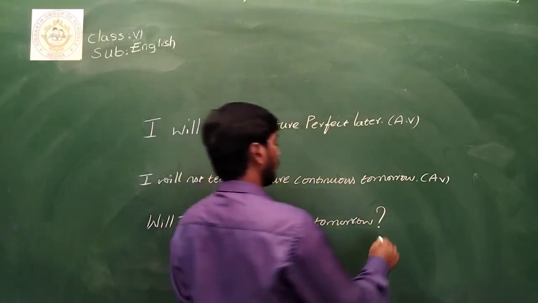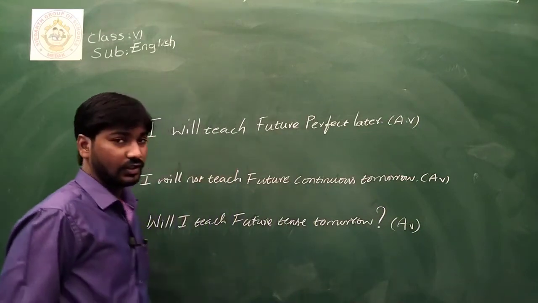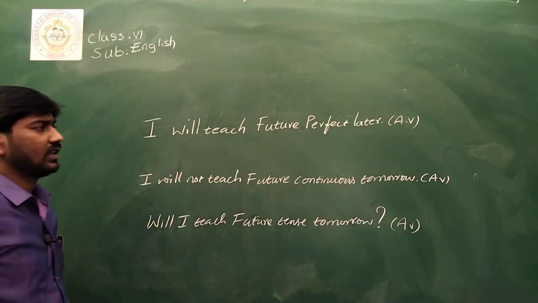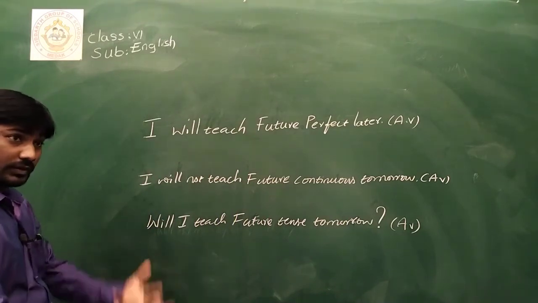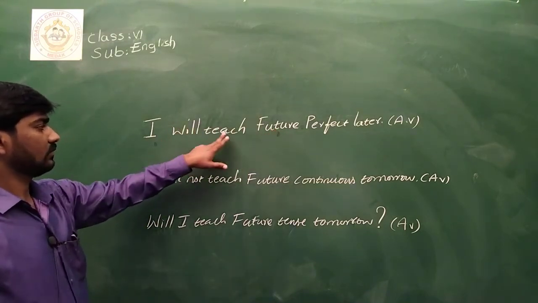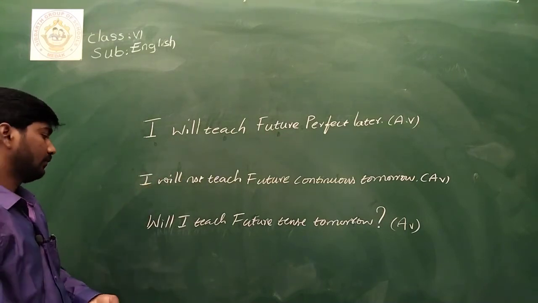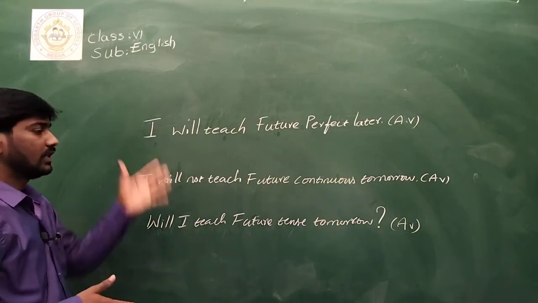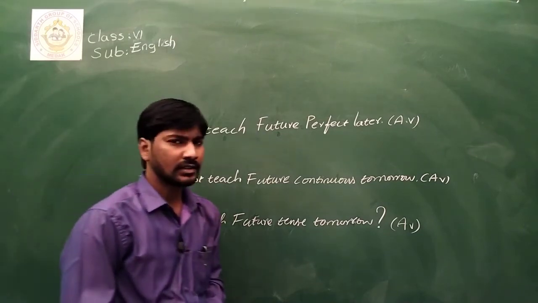Children, these are your examples for your homework. Positive, negative, and question forms. I will teach future perfect later. Object, subject, remaining same. I will not teach future continuous tomorrow. Will I teach future tense tomorrow? So these are the examples. Copy these examples, very simple, and make it fast and complete.